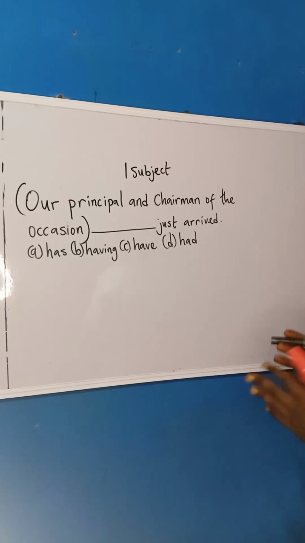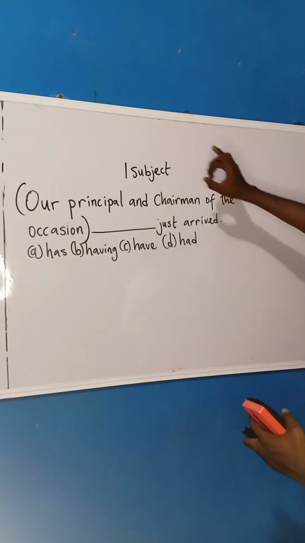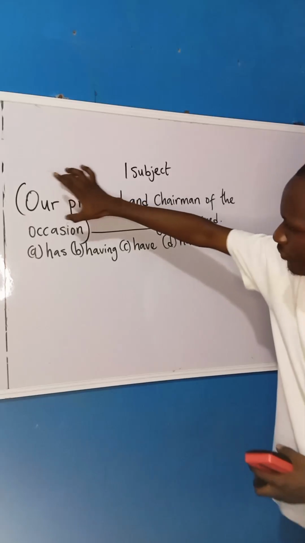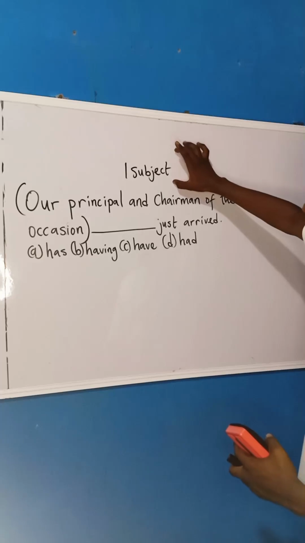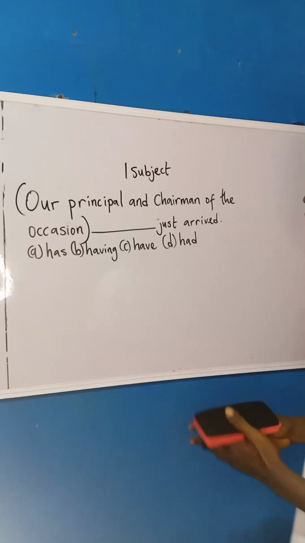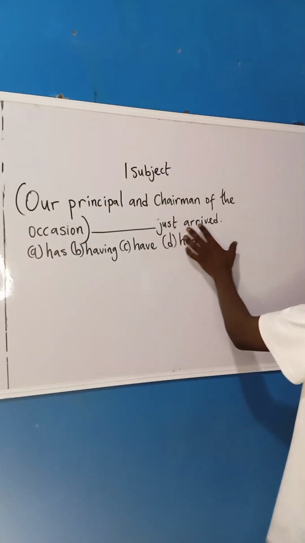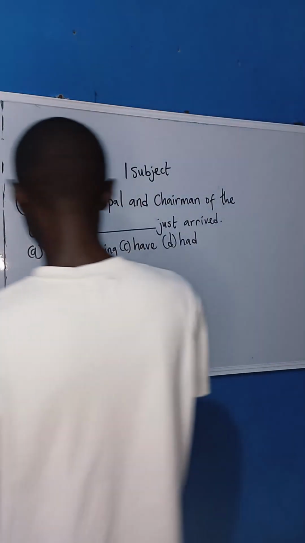In that case, two titles or two positions are owned by just one person. So, you will now treat everything here, since it is one subject, as taking a singular verb. So, you now say, a principal and chairman of the occasion has just arrived.